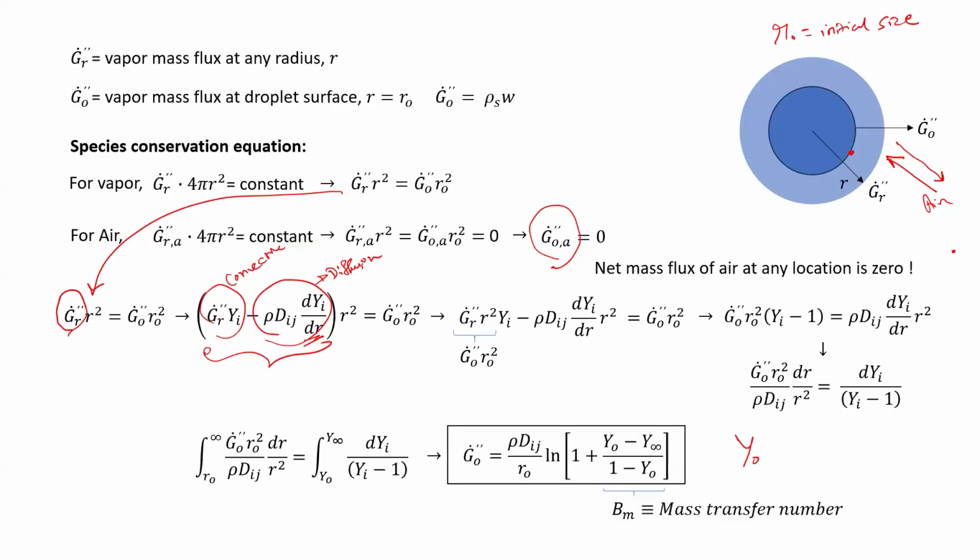What does this mean? This means that if we go back to the example of water droplet in air, then at the interface, the amount of vapor that the air can hold is maximum for that temperature. So, how do we find what is the vapor mass fraction at the surface?